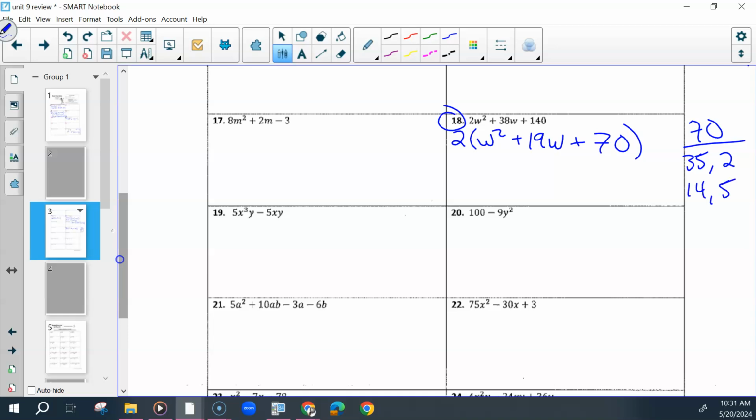Would that add to be 19? Yes. So those would be our two factors. W plus 14 and W plus 5. So again, if you wanted to check that in the calculator, type in the original, type in the two factors, not the 2, and they should cross at the x-axis.